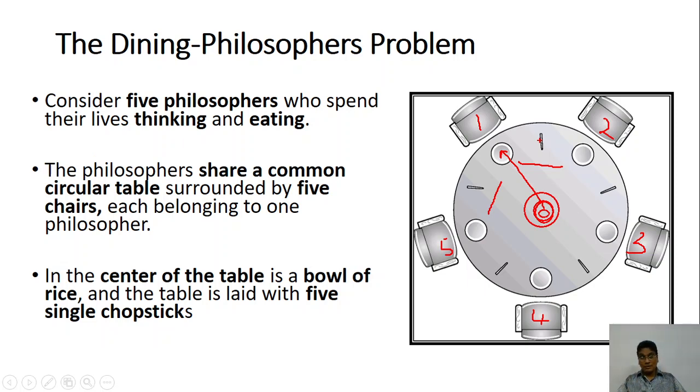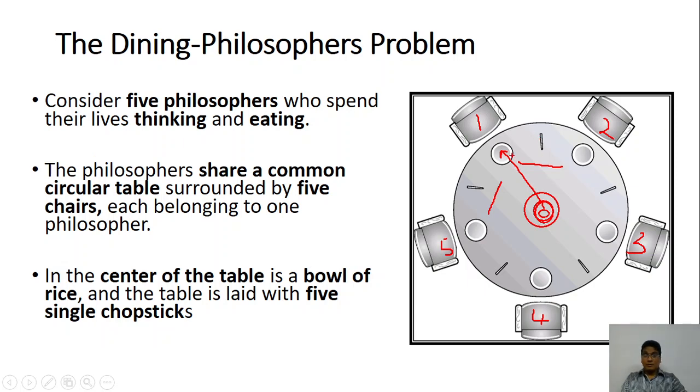Once the philosopher gets hold of both the chopsticks, he or she will start eating without leaving the chopsticks. He will keep on eating, and once the stomach is full, the philosopher will keep the chopsticks back in the same place, and then start thinking. When they are hungry, they will try to grab the two chopsticks which are nearby.